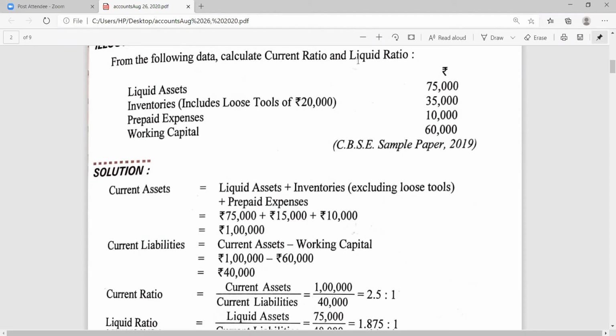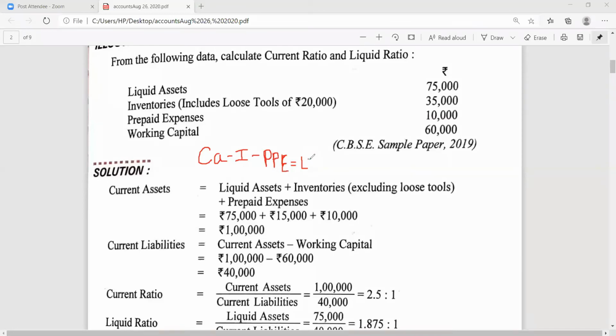Write down here in your books: current assets, CA, minus inventories, I for inventories, minus prepaid expense, PP for prepaid expense, is equal to liquid assets, LA.